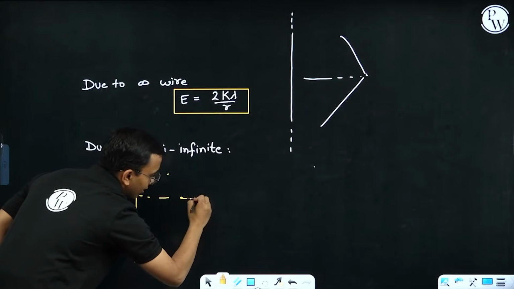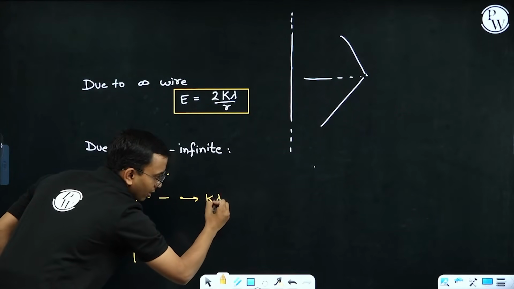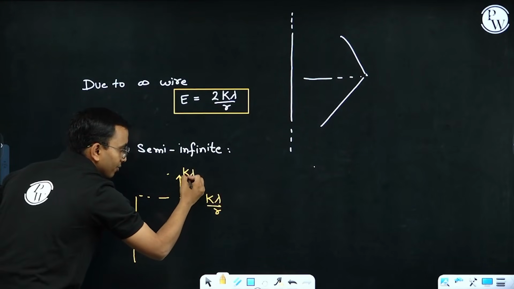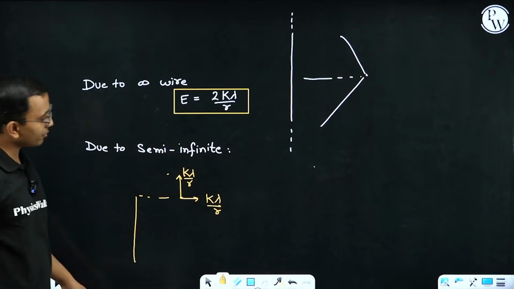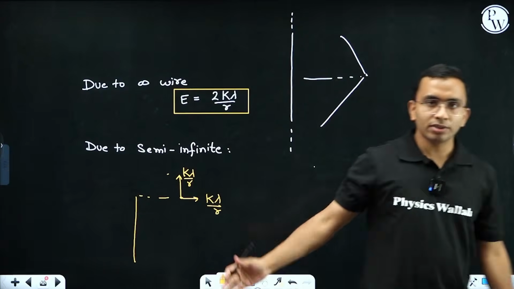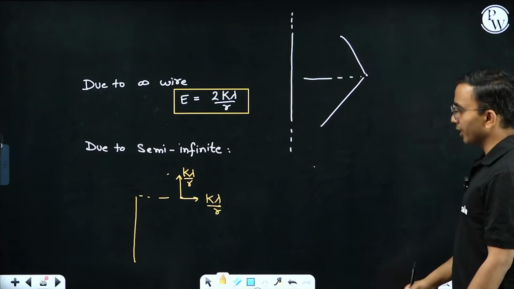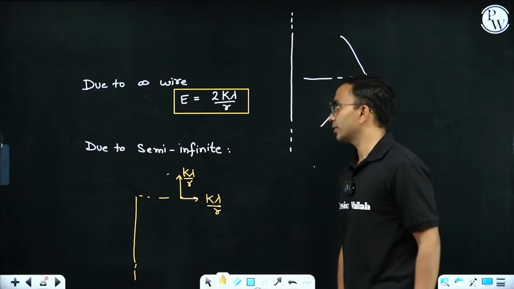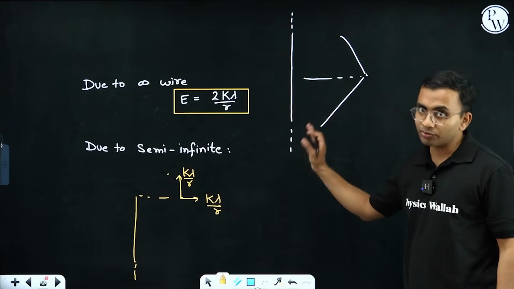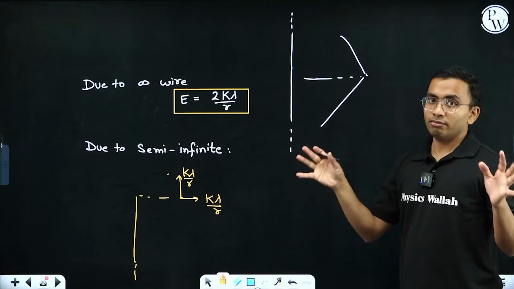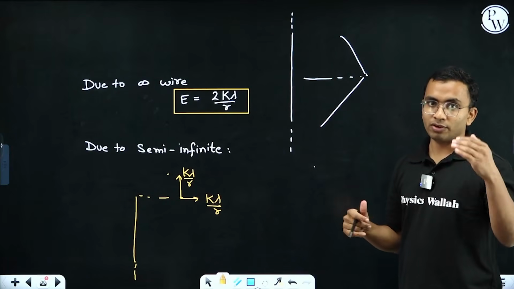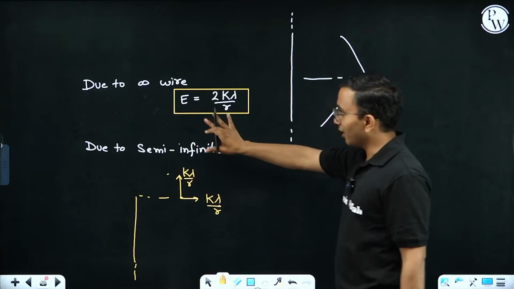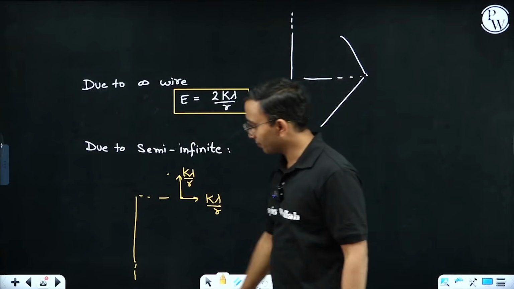The horizontal component is k lambda by r, and the vertical component is also k lambda by r, due to the semi-infinite wire. At least these formulas you must remember. If you cannot remember that longer expression of Ex and Ey, this you cannot skip.